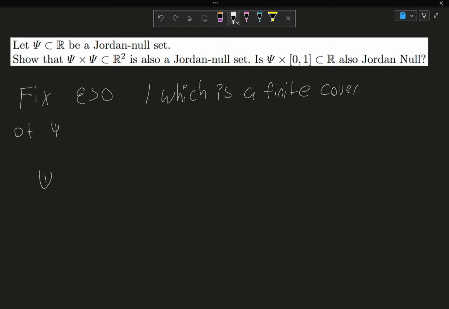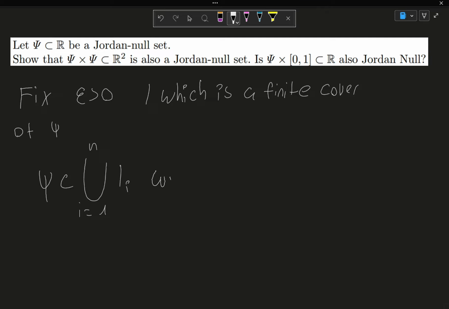We have that psi is a subset of the union of I_i for i equal 1 up to n, which is just all the covers, and psi is a subset of this entire cover.